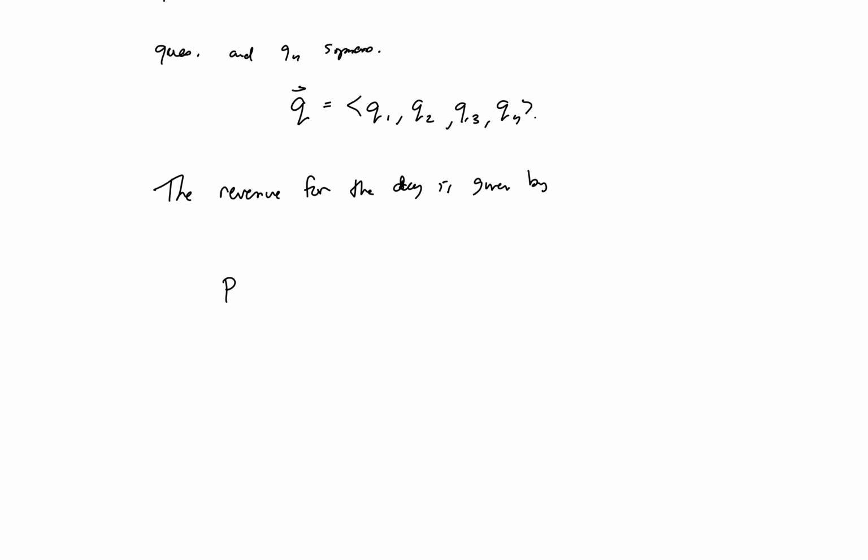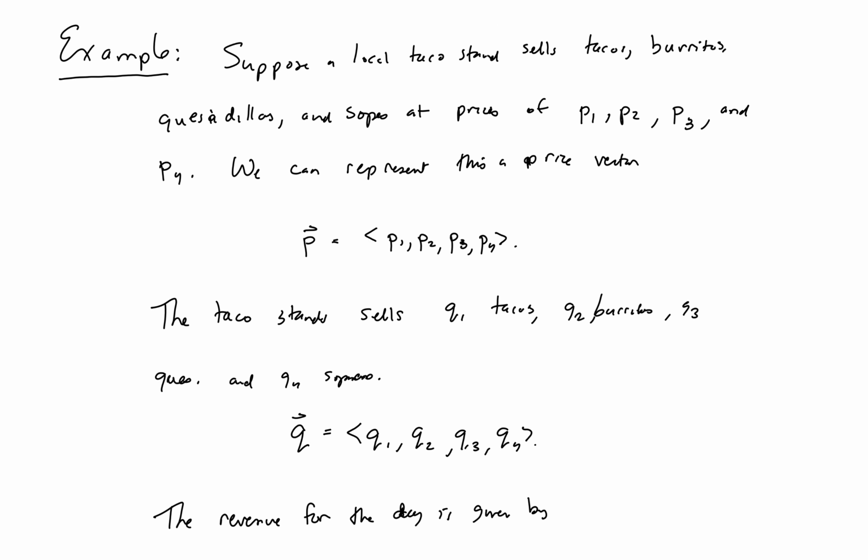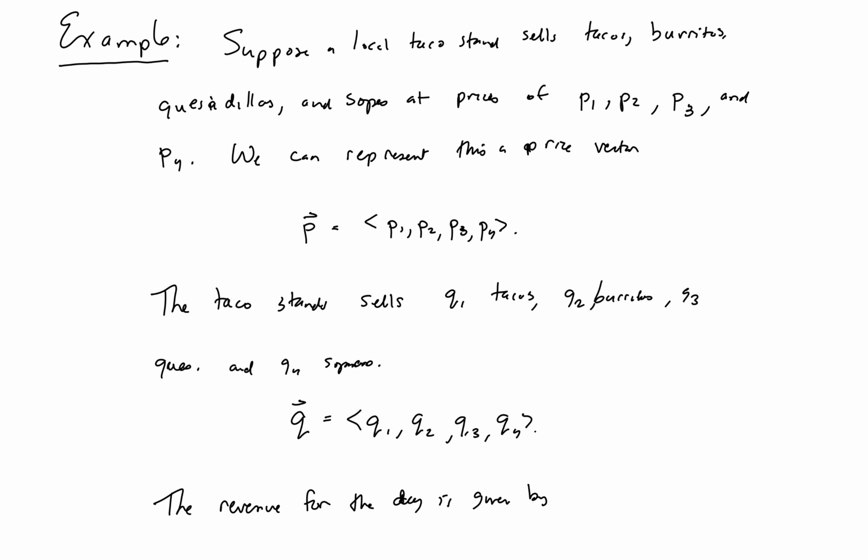Well, this would just be P dot Q because it's the price of the tacos times the number of tacos sold, plus the price of the burritos times the number of burritos sold, and so on. So we see it's often useful to write things in terms of vectors, even if they're not physically what you'd think of as something with a magnitude and a direction.